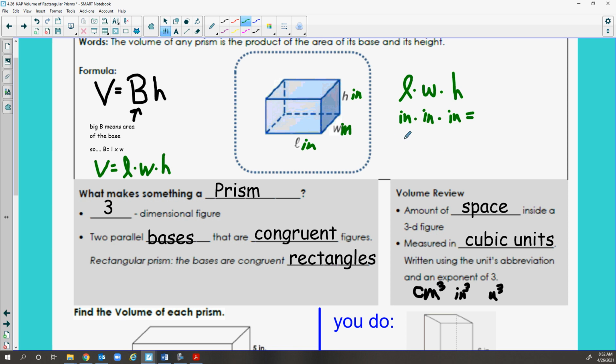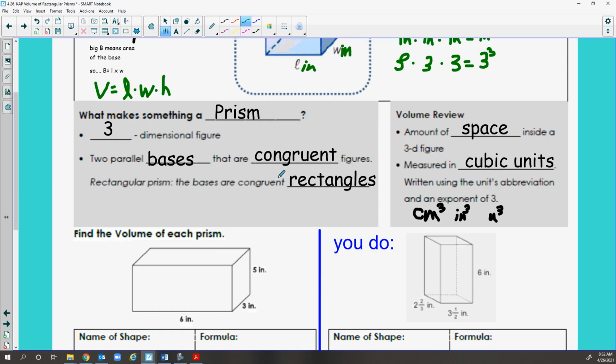That's a little confusing to look at, but remember what we talked about with area. Just pretend there are some numbers here. If I had 3 times 3 times 3, I would say that's 3 cubed. Look at our inches: inches times inches times inches would just be inches cubed.